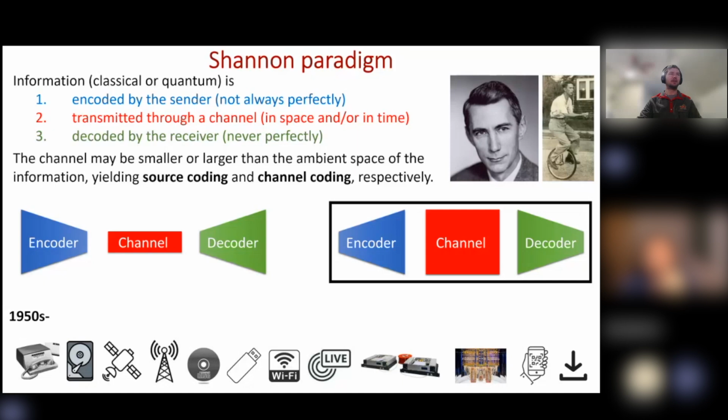So modems were the first to use error correcting codes developed by Hamming and Golay. Maybe you've heard these names. Quickly, they became used in hard drives.